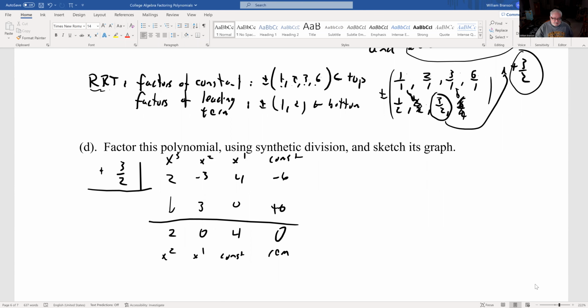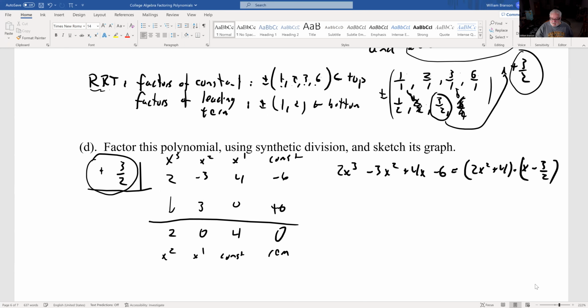So what we know then is that 2x cubed minus 3x squared plus 4x minus 6 equals 2x squared plus 4 times the factor that has that as a root, which is x minus 3 halves. And I can tidy that up a little bit.